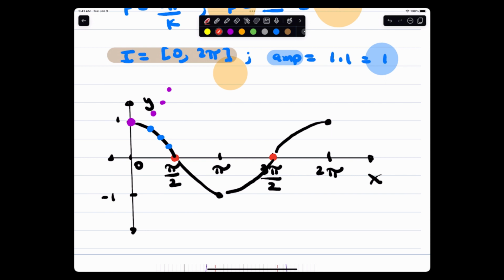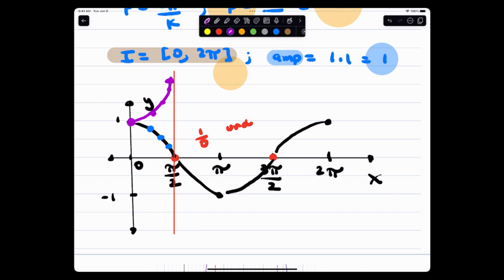When you get down to 0 here, ladies and gentlemen, you get down to where on cosine you have an x-intercept. This is where you have those vertical asymptotes, because 1 over 0 is undefined. And so you're going to see for secant the curve get closer and closer to that line.